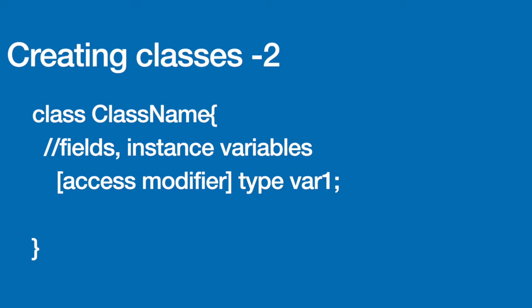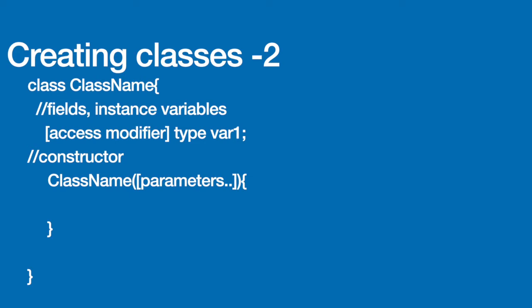Then we can add constructors. As we have said, constructors are provided by default by the Java language, but when we want to define a constructor with a specific definition, we have to explicitly define that one. The default constructor is without parameters.